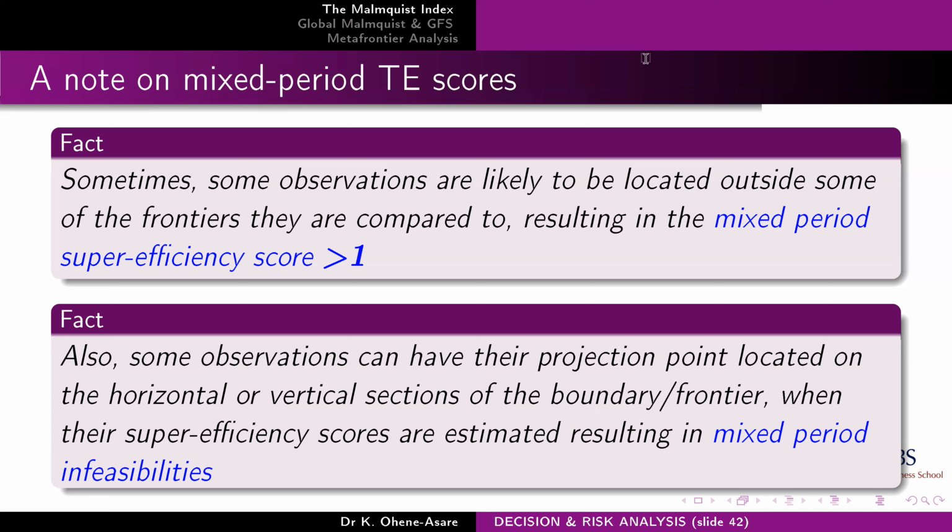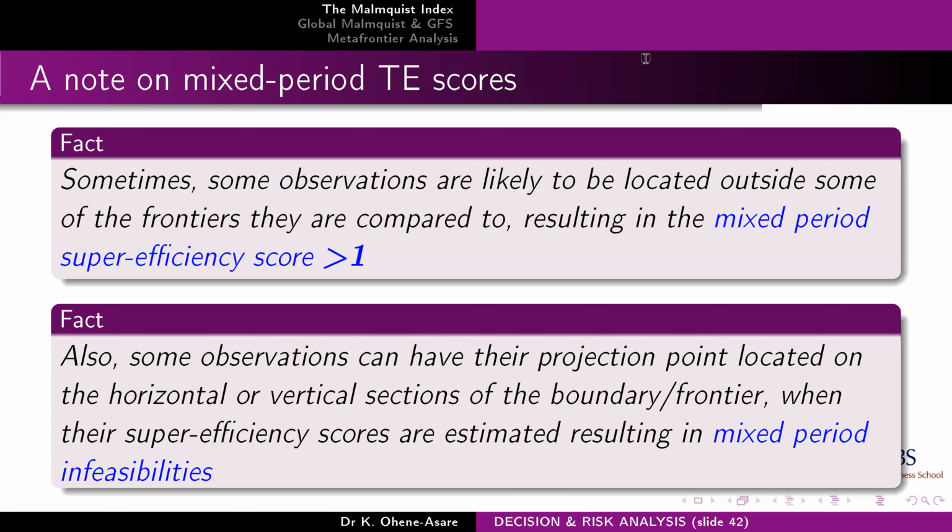Now, this is not usually clear when we are doing input orientation under the radial measurement or output orientation under the radial. It is clearer when you are doing the input-output graph.